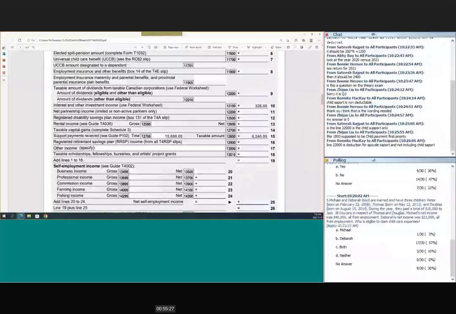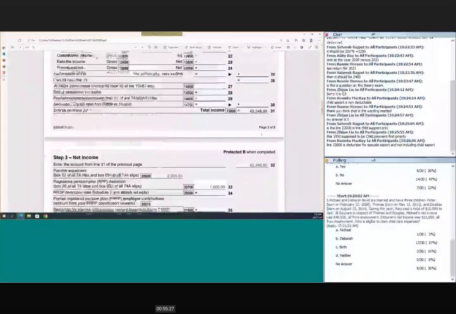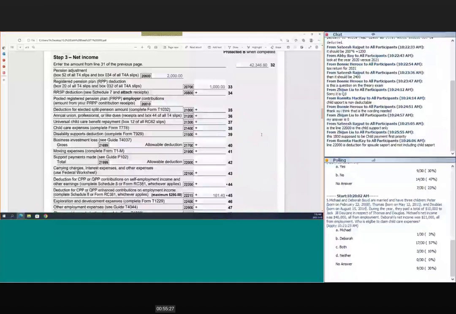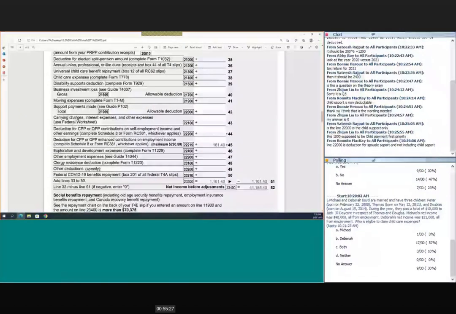On line 12799, support payments, this is what Zara would report, the total, child and spousal. Her taxable amount will be $1,200. Then on the spouse's return, he's going to report the total support payments on line 21999. The deduction is on line 22000, so that would be $1,200.